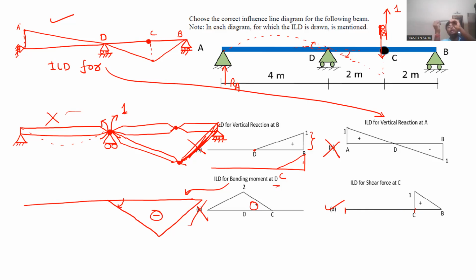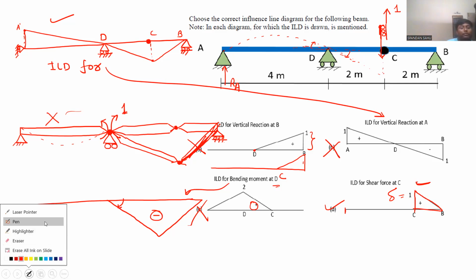So when you are giving a 1 unit uplift, it will just tend like this. Here you are giving unit uplift delta, it gets uplifted, there is no bending resistance at point B. So directly you join. So this is the ILD for shear force at C. Clear?